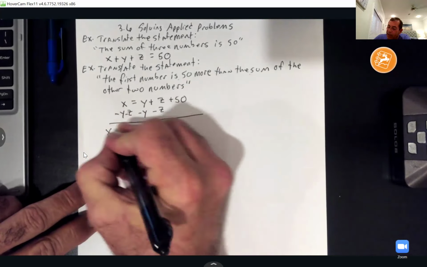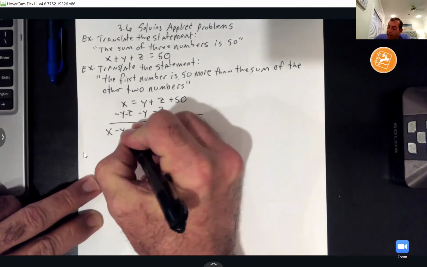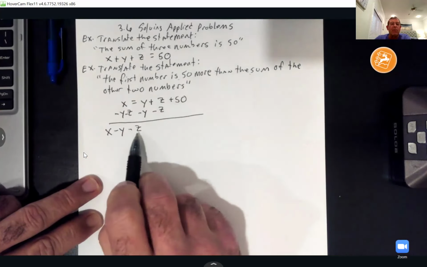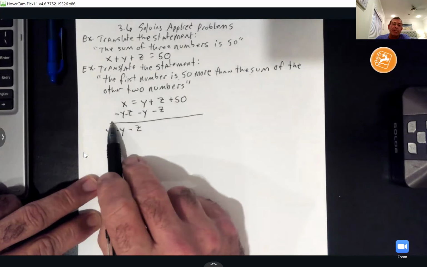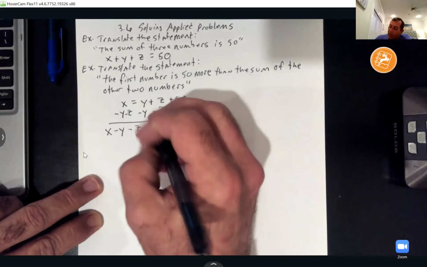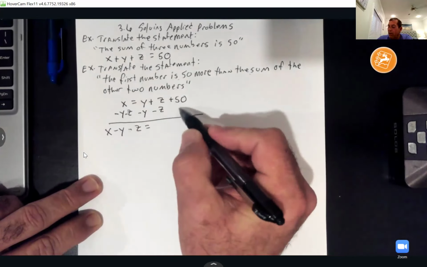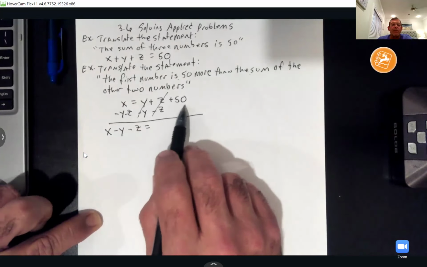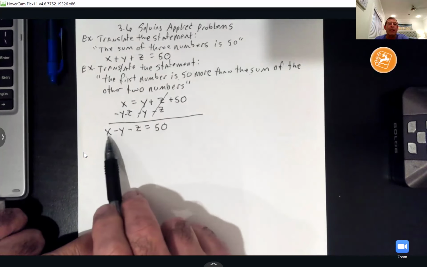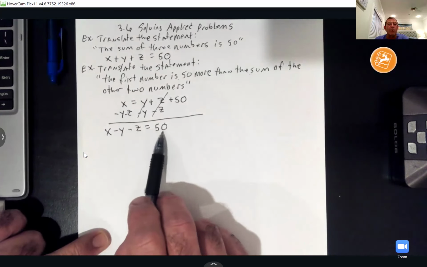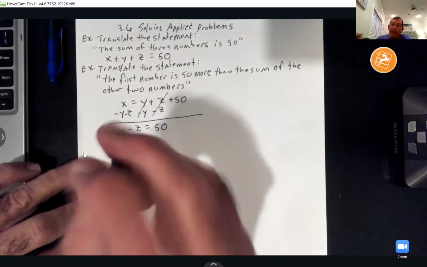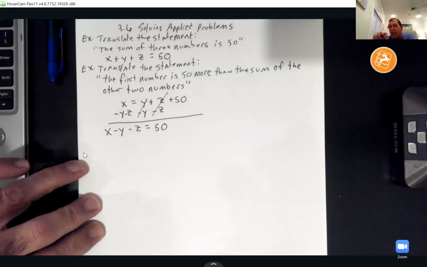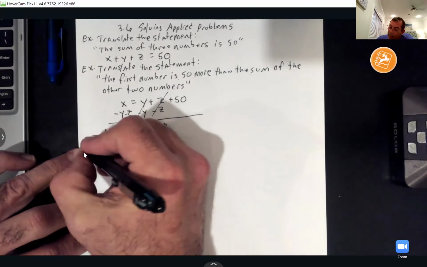The x was positive, the y and the z will be negative because we moved them to the other side. And that's going to equal, see, these are canceling on the right side, so all that's left is the 50. So now we got it in the form it needs to be in. Alphabetical order equal to our answer. So y'all, the first two is just getting you ready for these word problems that are coming up.